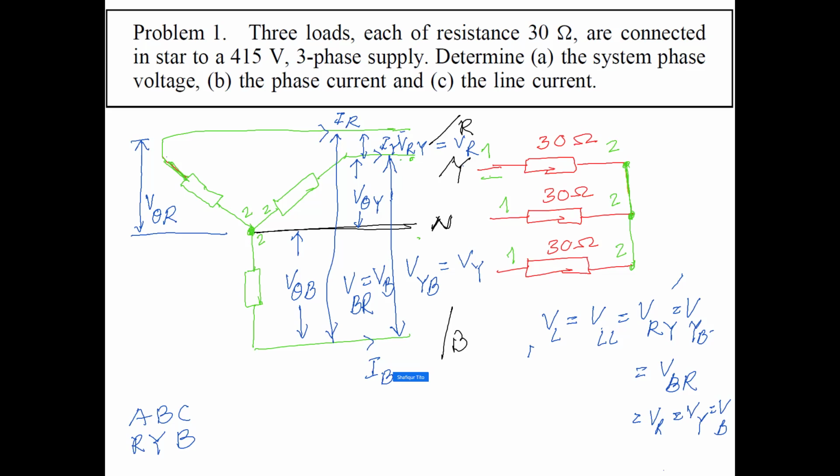And then another current in this particular phase will be considered as, let's say, this is I theta R. This one will be I theta Y. And this one would be I theta B, right? So these are the different quantities.